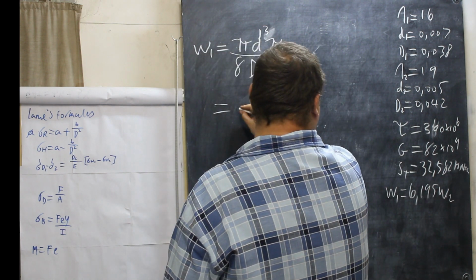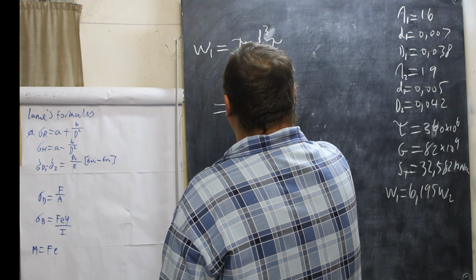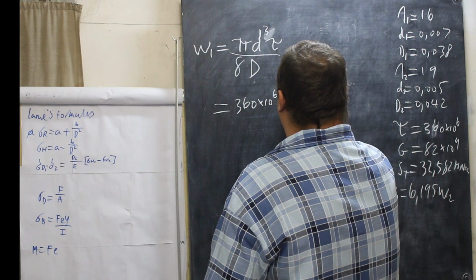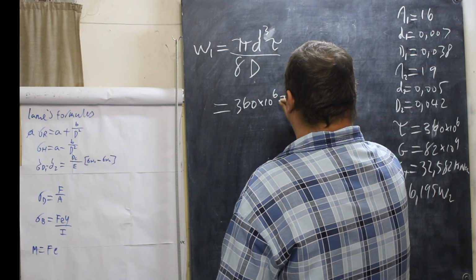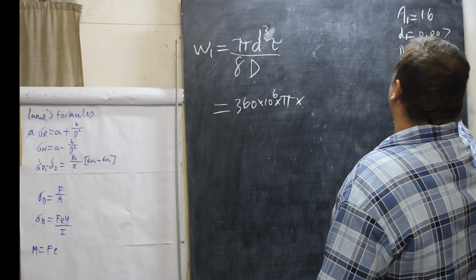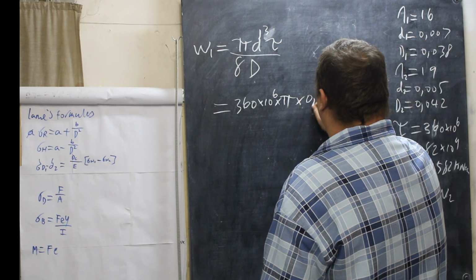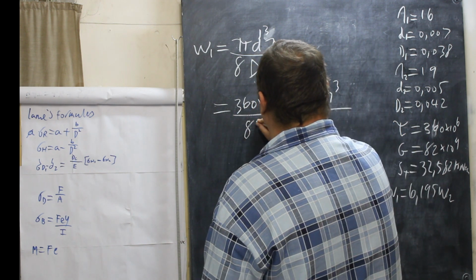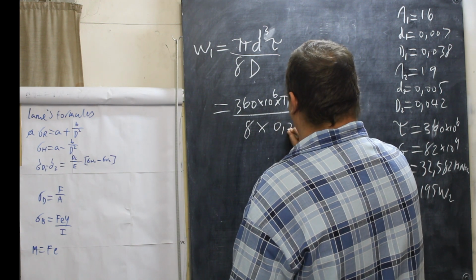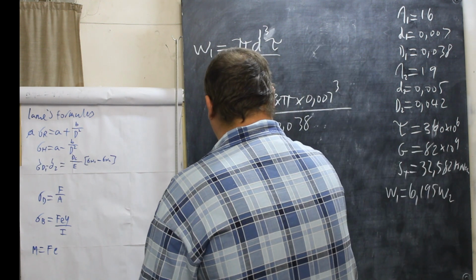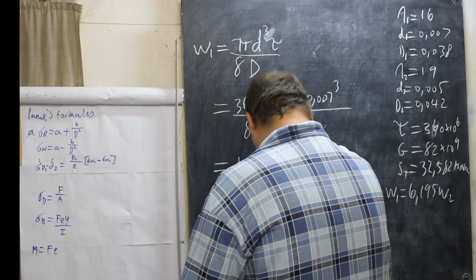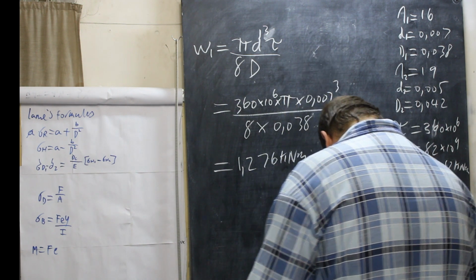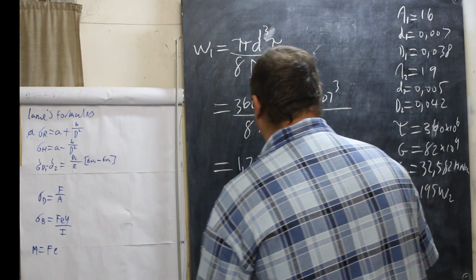Right, so this equals tau, 360 times 10 to the 6, pi times pi times D1, which is 0,007 cubed all over 8 times 0,038, and all this equals 1,276 kilonewtons, just straight kilonewtons.